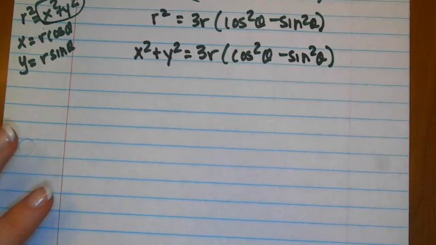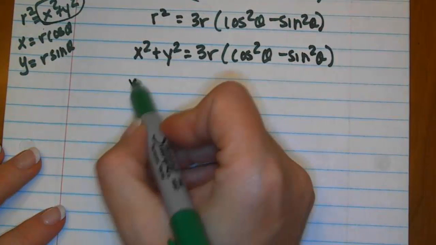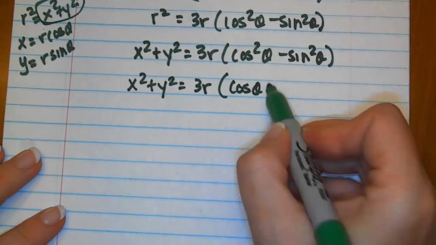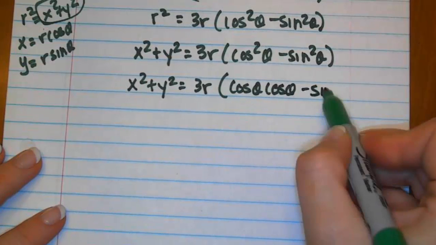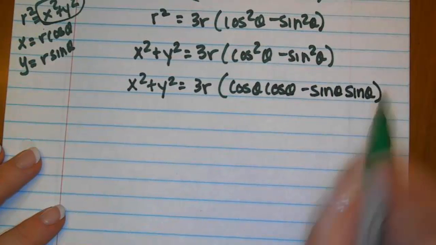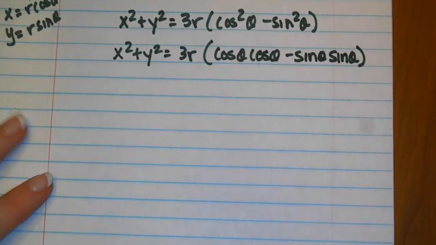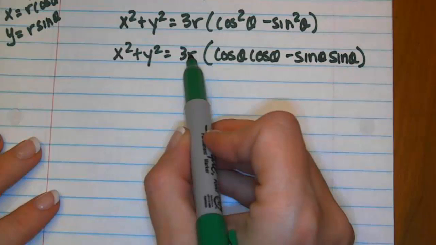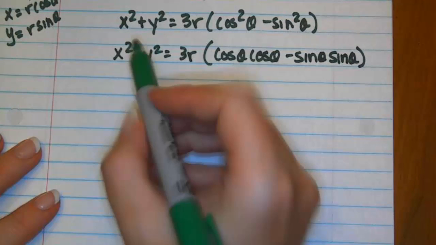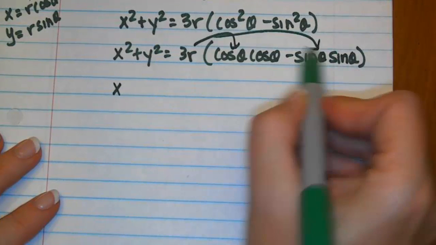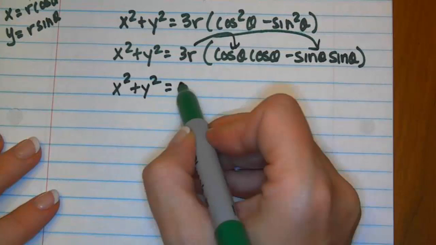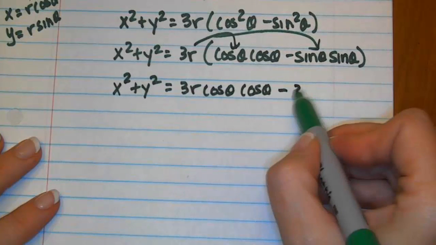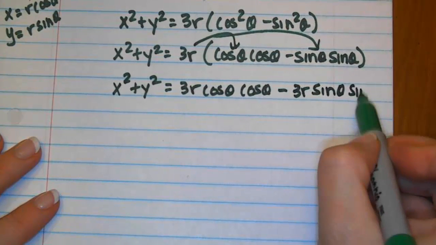Well, see if the following makes sense. Can't you think of this as cosine theta times cosine theta? And I can think of that as sine theta times sine theta. Do not get nervous. I'm not going to cosine, cosine, sine, sine. We're not going that direction. But if I were to distribute the 3r, I would have x squared plus y squared equals 3r cosine theta minus 3r sine theta.